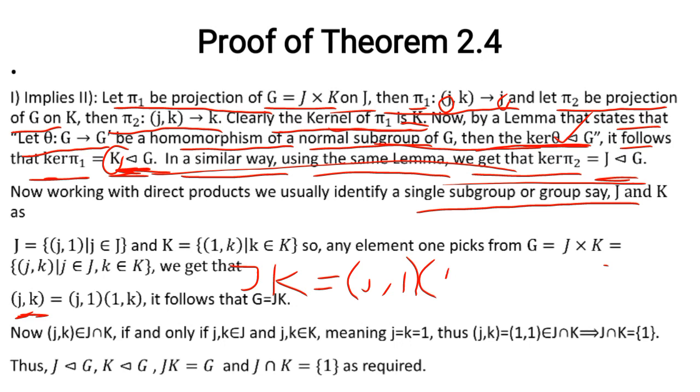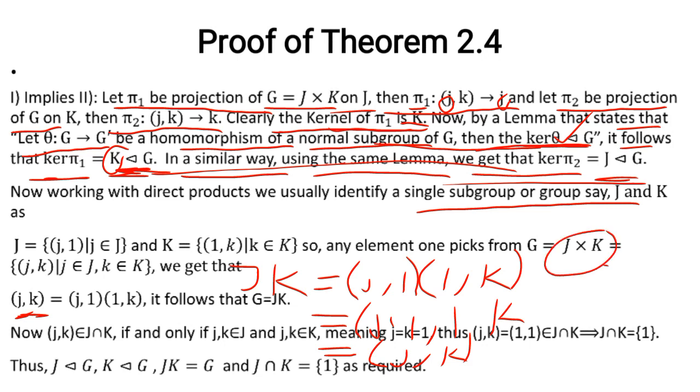It is 1, K. If you multiply this by the rule of direct product, if you remember, that's J times 1, which is J, and 1 times K. What you get? The final answer will be JK. But this element is where? It's taken from this, right? So, which implies that G is the same as JK.